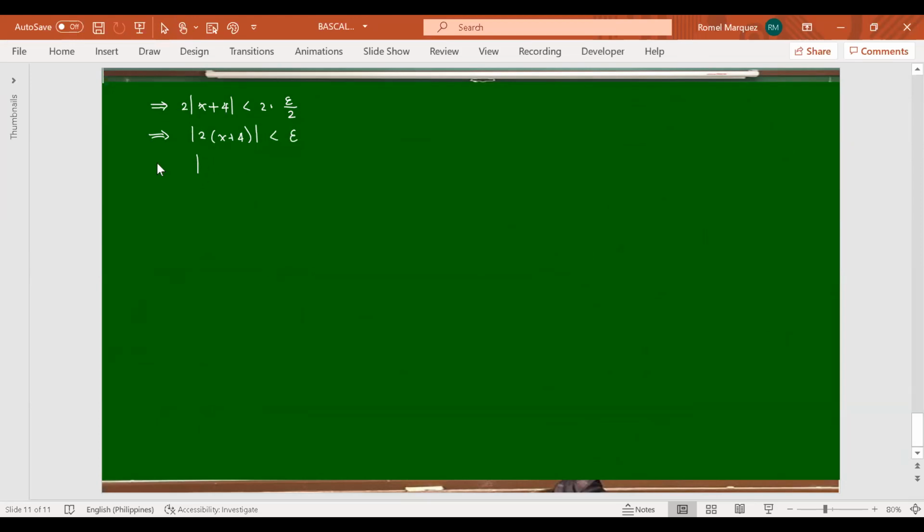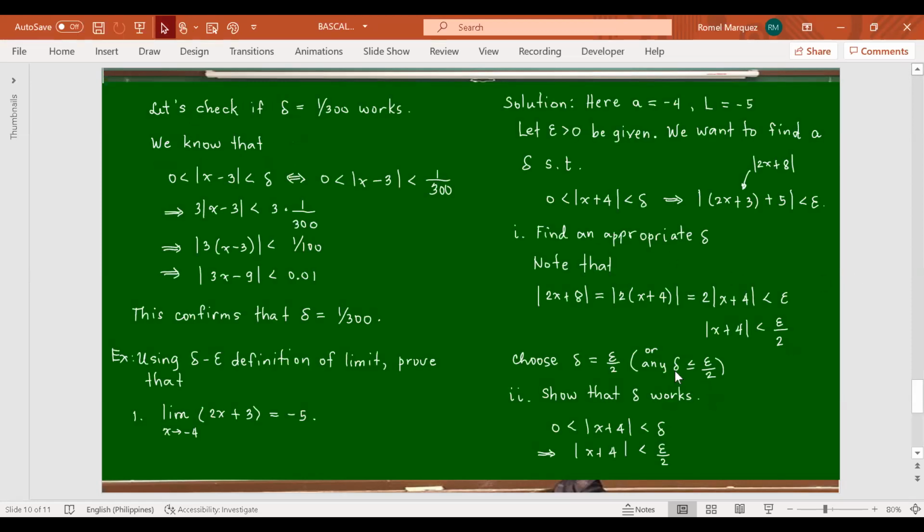And this is 2x plus 8, which is what we want, less than epsilon. Okay, guys? So that's it. Since this delta, which is equal to epsilon over 2, works, meaning we have shown that for delta equal to epsilon over 2, the absolute value of 2x plus 3 plus 5, which is equivalent to 2x plus 8, is less than epsilon.